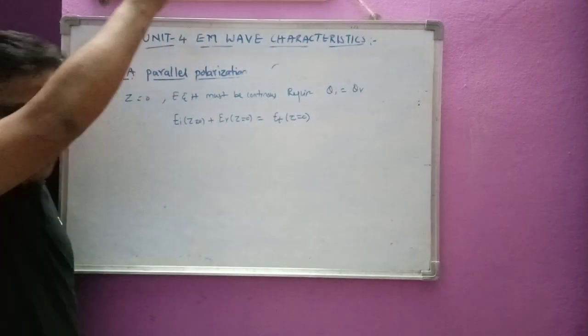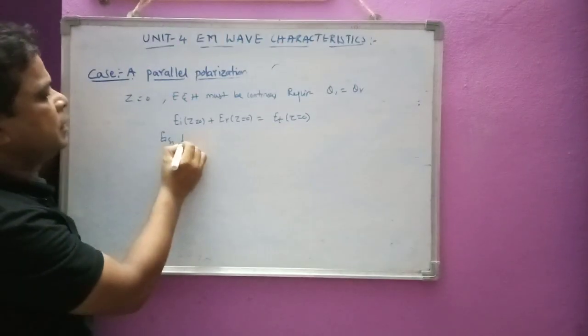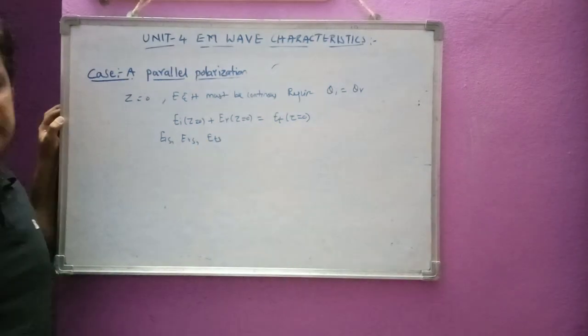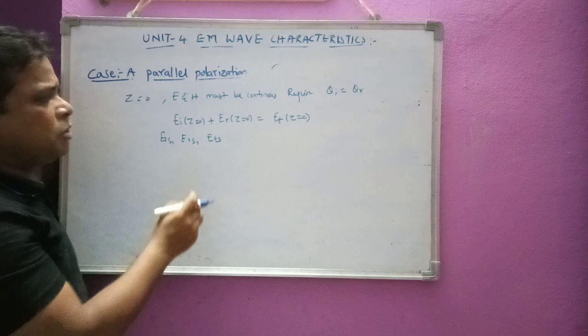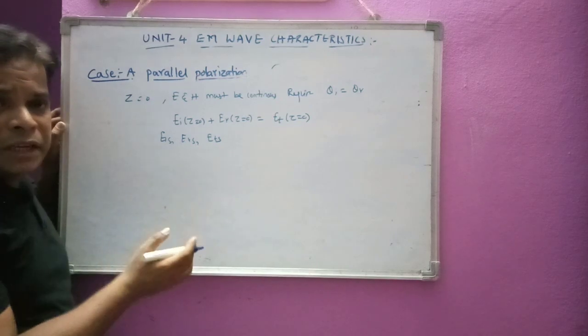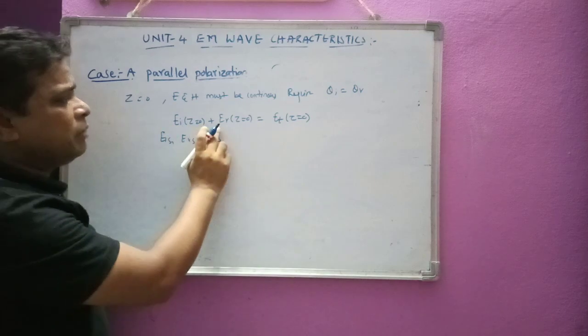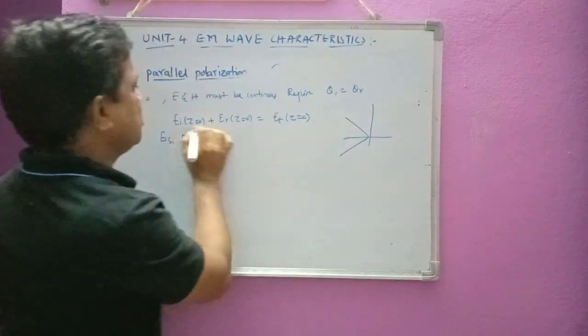So we have to take here the magnitudes, that is EIS, ERS and ETS, which we are going to use. After substituting at z is equal to 0 whatever equations we have taken for the incident electric fields, in medium 1 we have incident and reflected fields, so we are going to add these two.